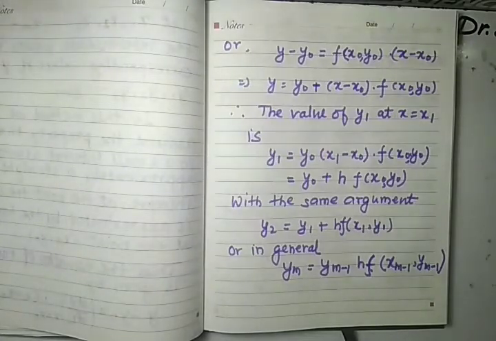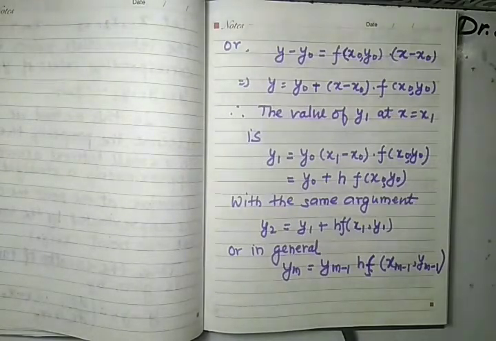Therefore, the value of y1 at x = x1 is given by y1 = y0 + (x1 minus x0) f(x0, y0), or we can write this as y0 + h in place of x1 minus x0.